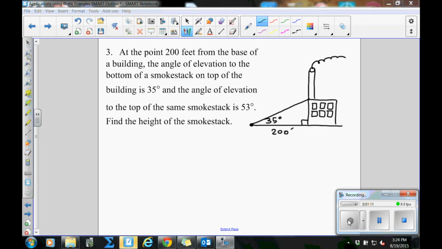The angle of elevation from the same point to the top of the smokestack would obviously be bigger, and it's 53 degrees.